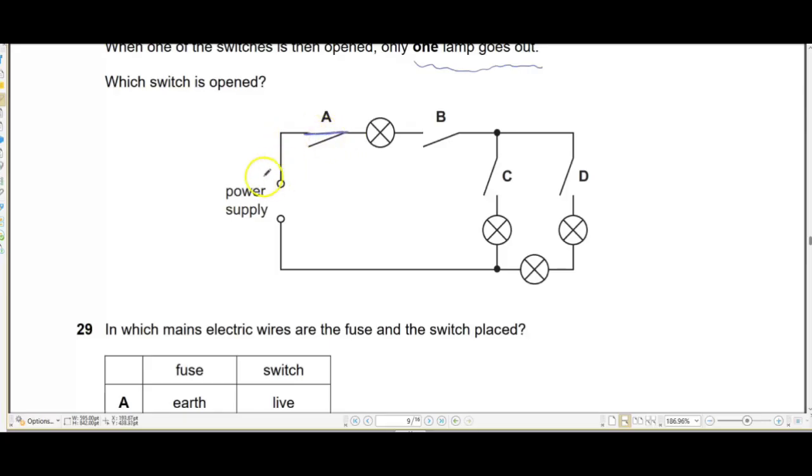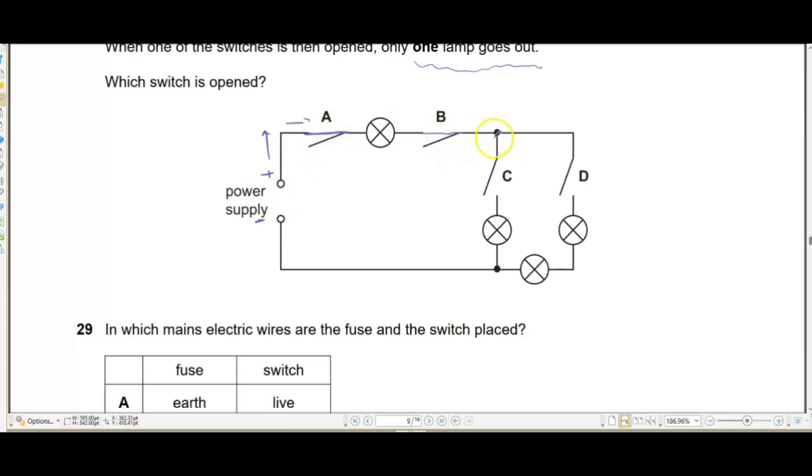Because if this is positive and this is negative, the current has to start from here and then this switch has to be closed as well. Even if this was positive and this is negative, these two switches had to be closed in order to complete the circuit, wherever your positive or negative is. So these two need to be closed.